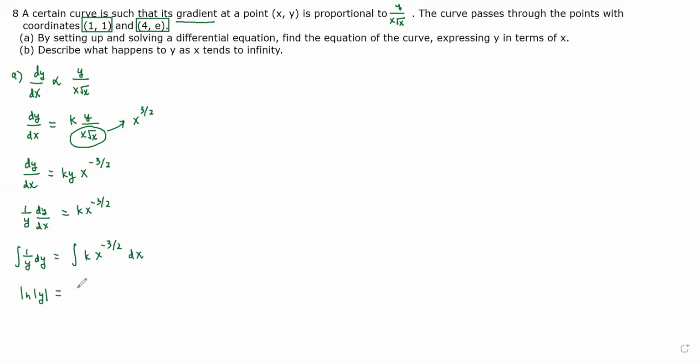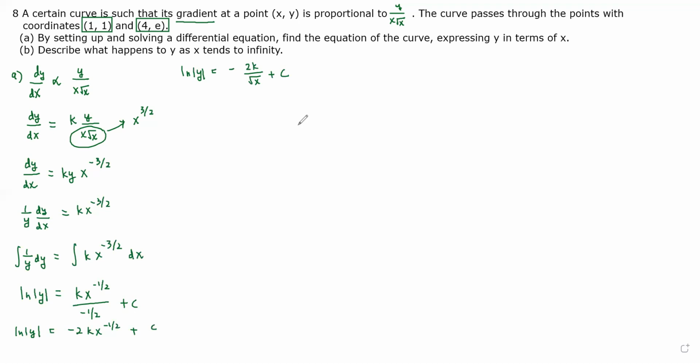For the right side, we have k x, so we increase the exponent by 1, that is negative 1 over 2, and divide by the new exponent, plus a constant of integration. We have ln y equals negative 2k x to the negative half plus c, or ln of the modulus of y equals negative 2k over square root of x plus c.